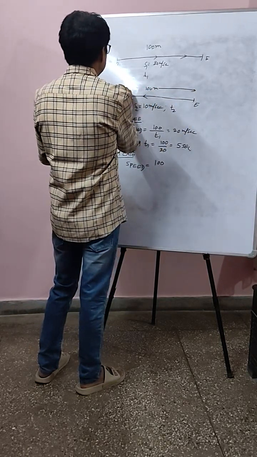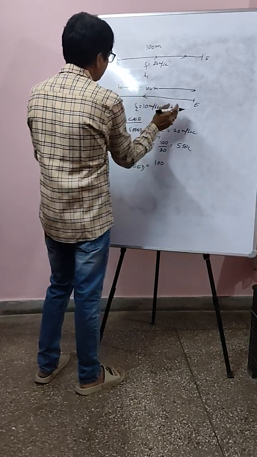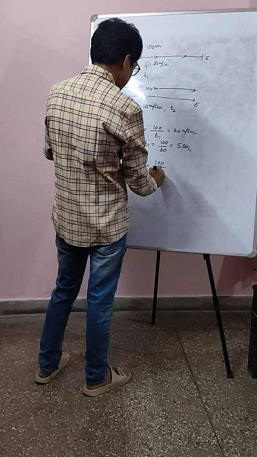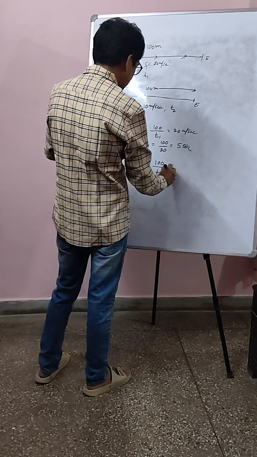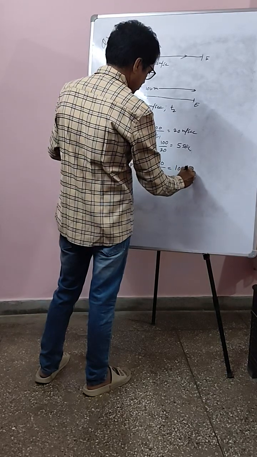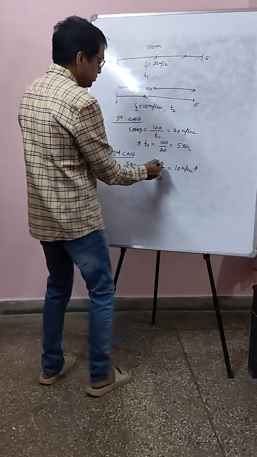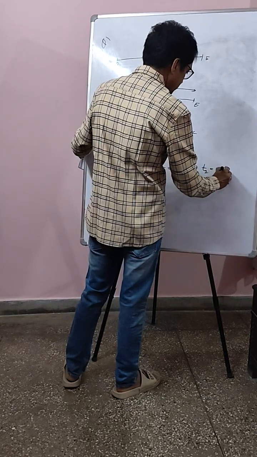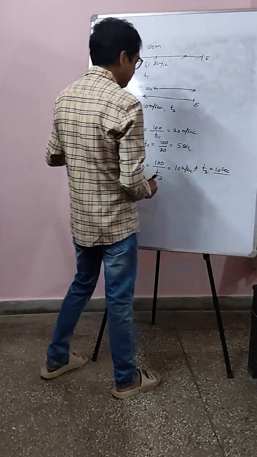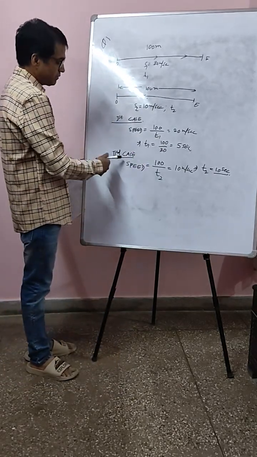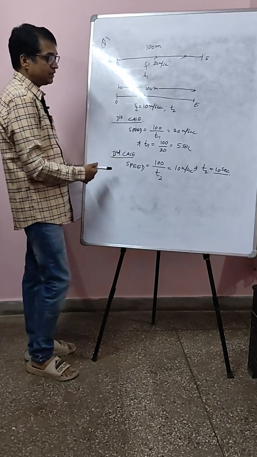Now he is coming with 10 meters per second, so T2 equals 100 upon 10, which equals 10 seconds. So time taken in the forward journey is 5 seconds, and time taken in the reverse journey is 10 seconds.